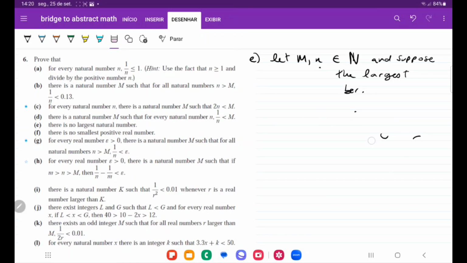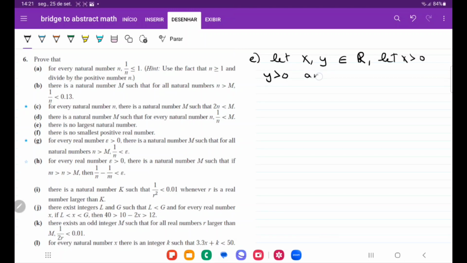In this case, we're going to say let x, y belong to the set of real numbers, let x be greater than 0, y greater than 0, and suppose that x is the smallest positive real number.